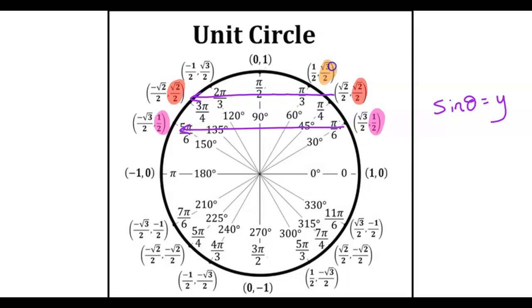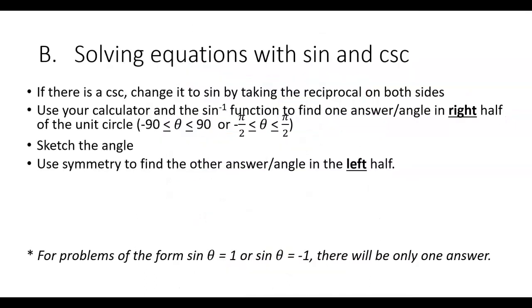So this one has a match right here. Okay. So all the matches are directly across. So instead of going from top to bottom like cosine and secant do, these ones have matches from right to left. Okay? So let's go ahead and look at some steps then on how to deal with that.